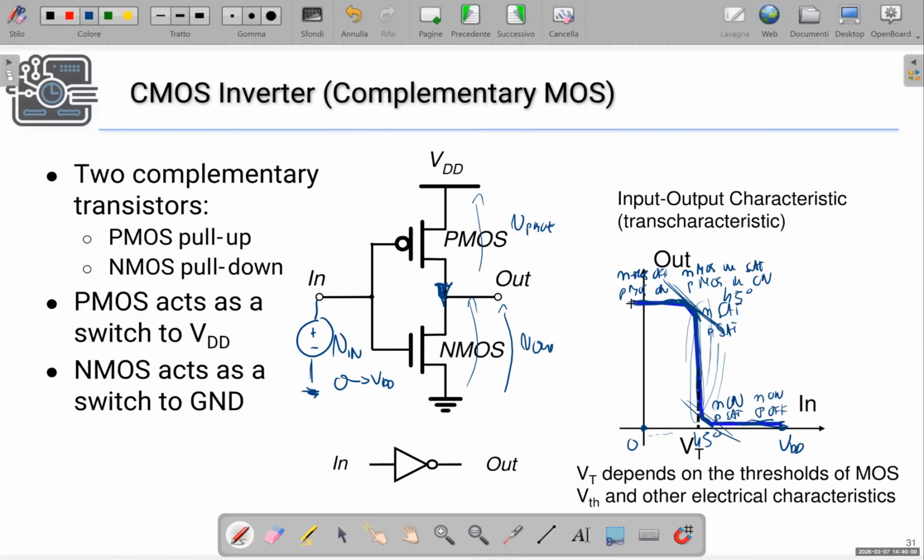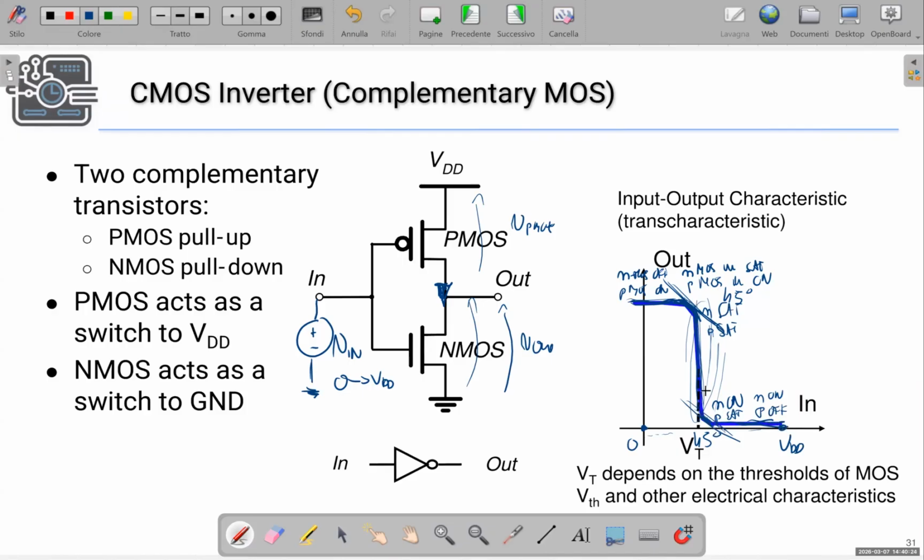Below this value, we say that we are in the stable high state when the variation of the input is attenuated in the output. Similarly, when we are over the other threshold, we can say that the input is recognized as high.